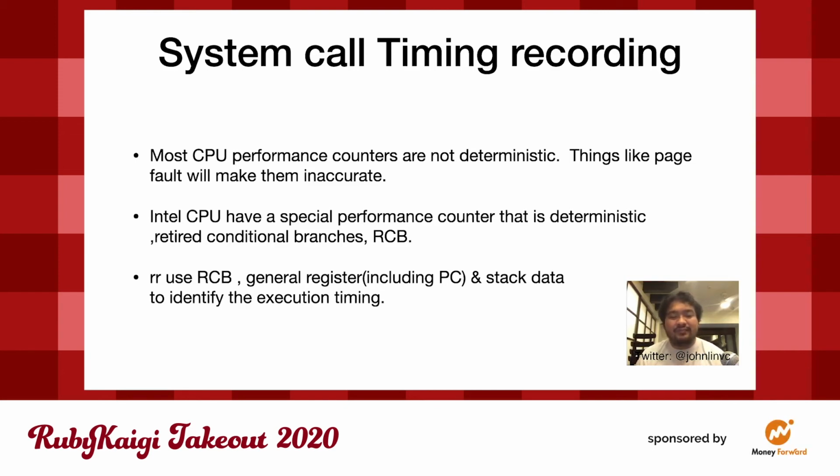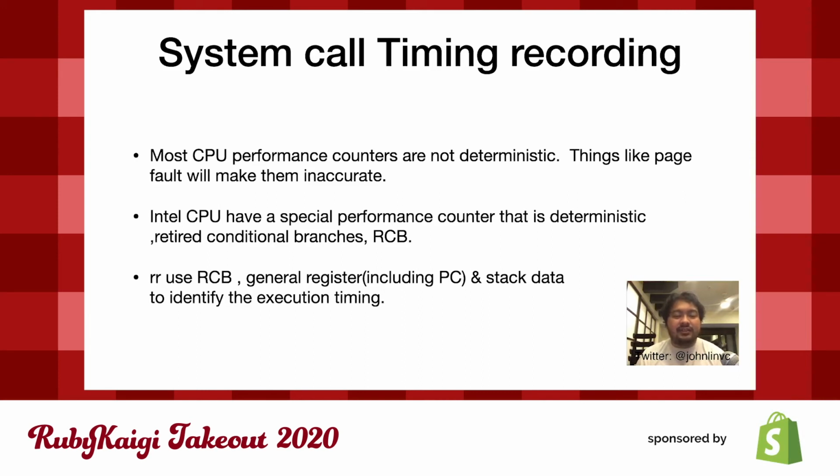Things like page faults, where you try to access memory and it isn't in memory yet, will cause the instruction to be retried, which makes the performance counter not accurate. But Intel CPUs have a special performance counter that is deterministic, meaning it's not affected by page faults or other things. It's called retired conditional branches, RCB, which counts how many conditional branches have been executed.